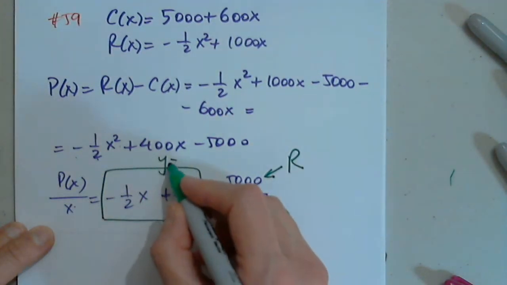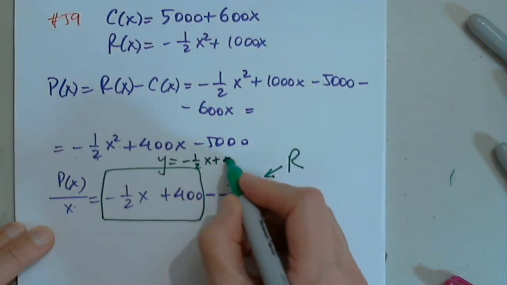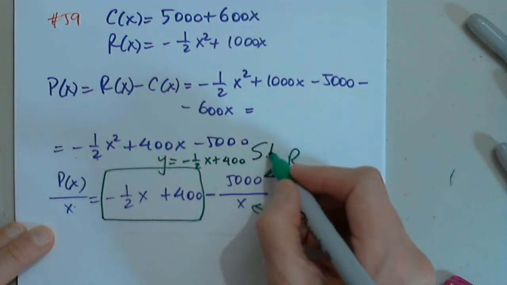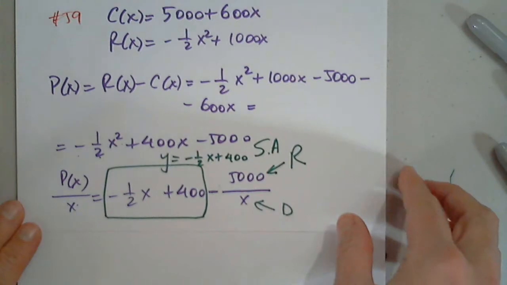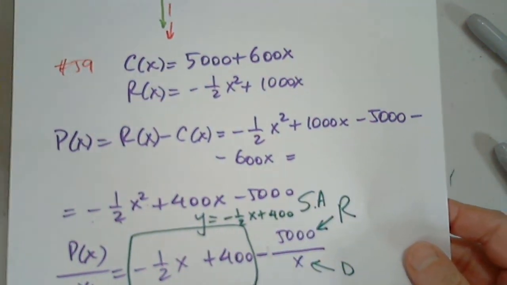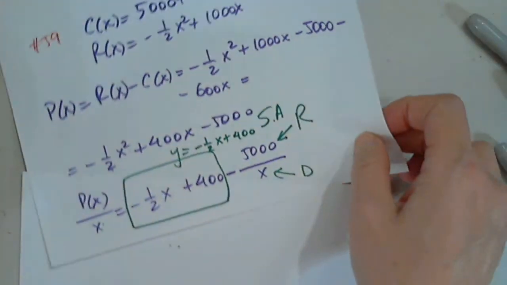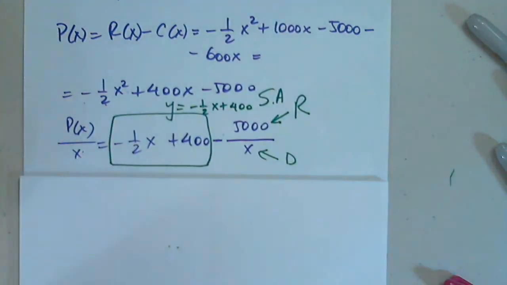This is y equals negative 1/2 X plus 400, which is the slant asymptote of the graph. Okay? Any questions on this? Anyone? Is anyone with me?